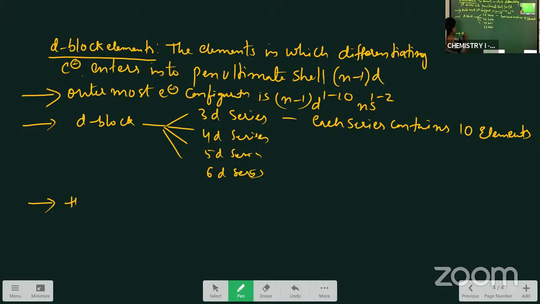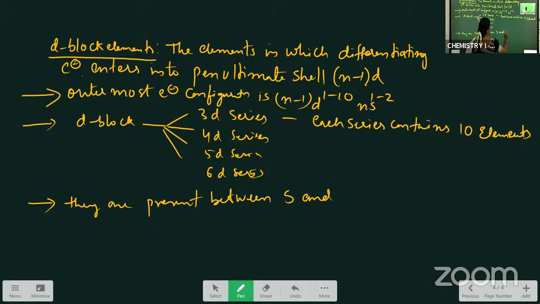They are present between S and P block in the periodic table. PD means periodic, students, in short form. Come on, copy down this.